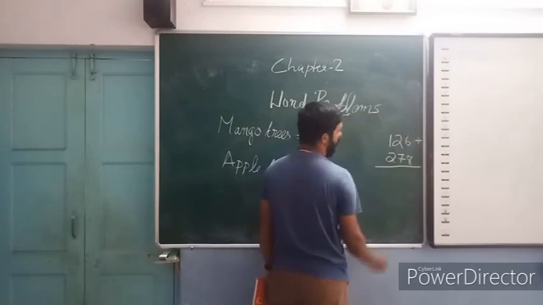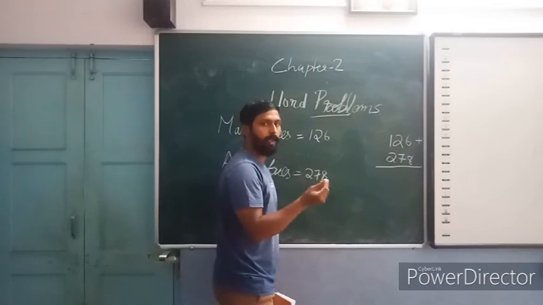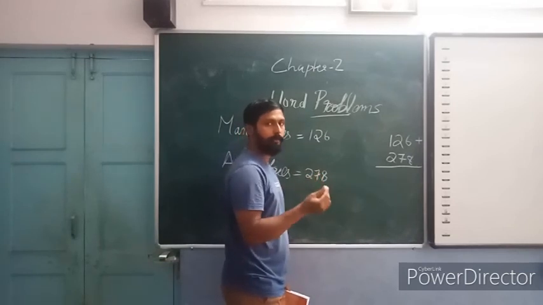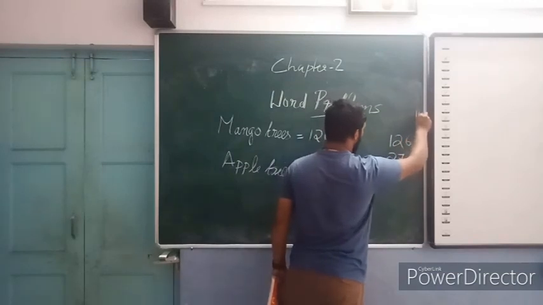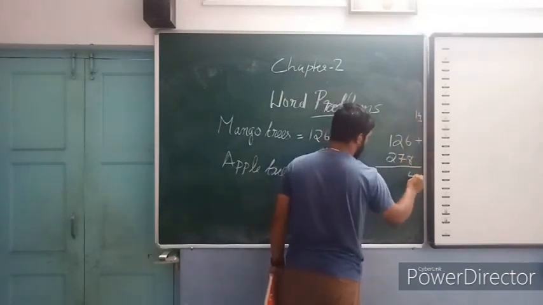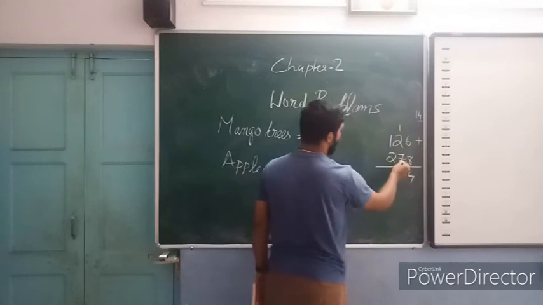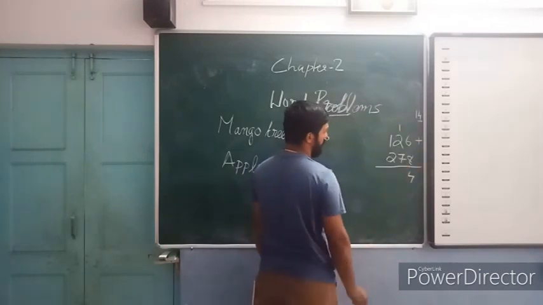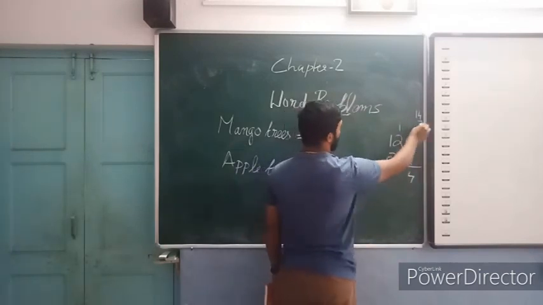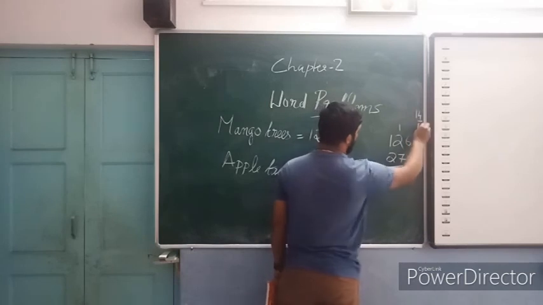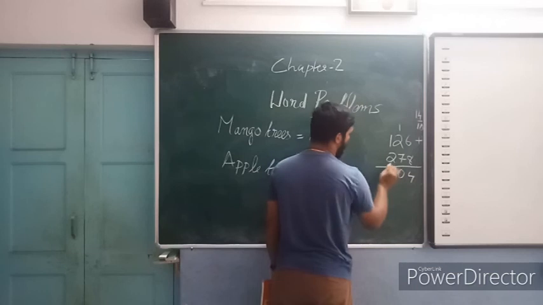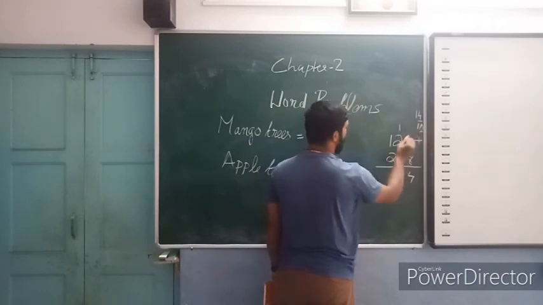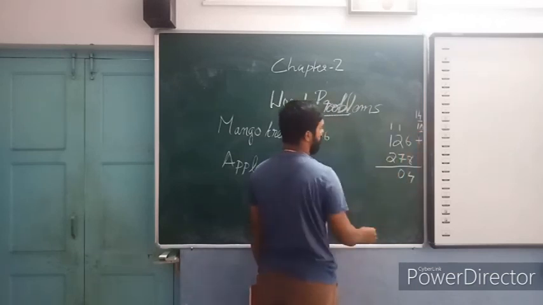So 6 plus 8 is 7, 8, 9, 10, 11, 12, 13 and 14. So it is bigger than 9. So we write the 4 here, carry over 1. 7 plus 2 is 9. 9 plus 1 is 10. Again it is bigger than 9. So we write the 0 here and carry the 1 to here.